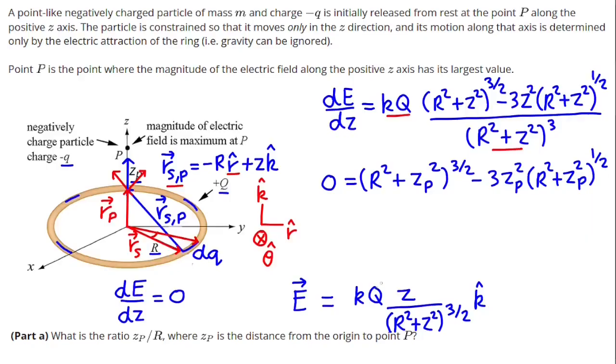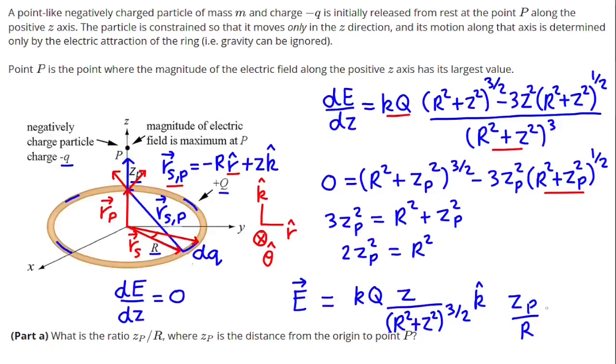Then dividing through by this term and taking 3 z_P squared to the left hand side, we get r squared plus z_P squared on the right hand side. Therefore 2 z_P squared is equal to r squared, which gives z_P on r is 1 on root 2.